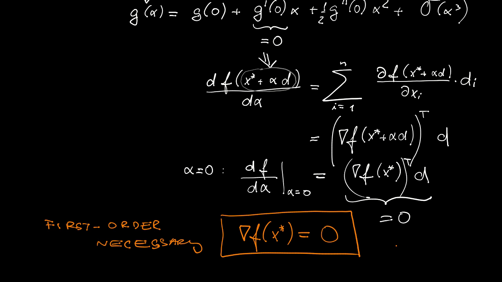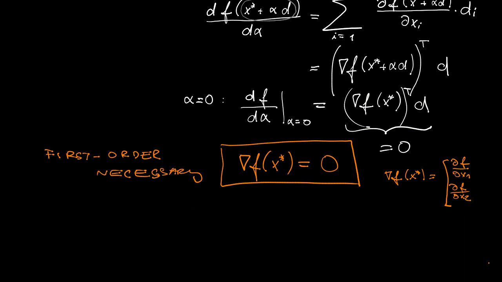For completeness, let me write down that by gradient we indeed understand a column vector, which is always partial of f with respect to x1, partial of f with respect to x2, and so on. I just wanted to make you aware of the fact that here the conventions may vary across the literature.